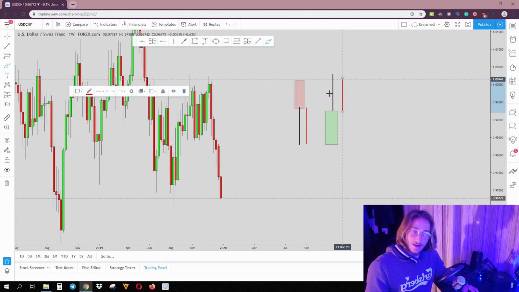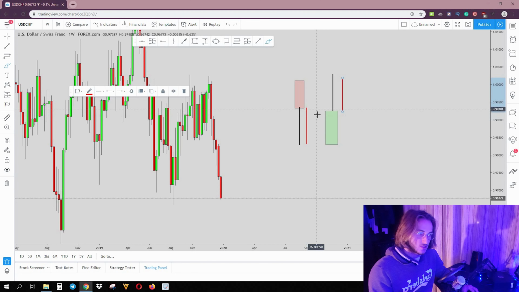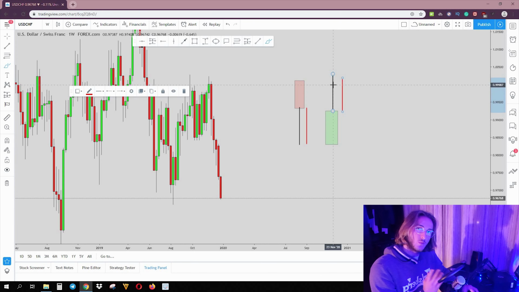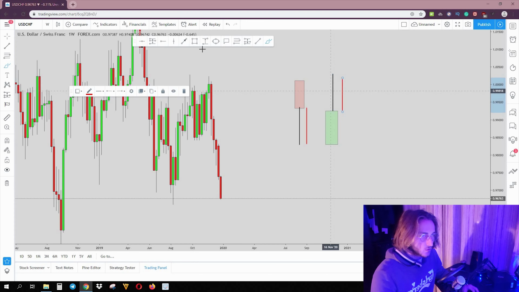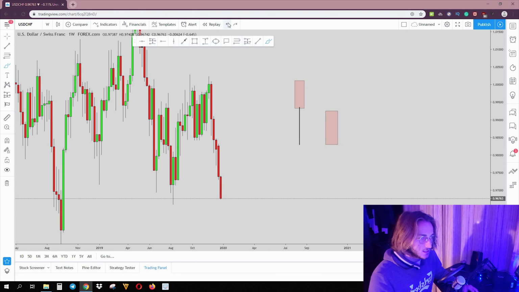Because on the daily time frame, this wick will be an impulse, correction, and impulse. So this wick that you see on the weekly time frame will actually be a correction on the daily, and then you will have the continuation that fills in the wick from the weekly time frame.